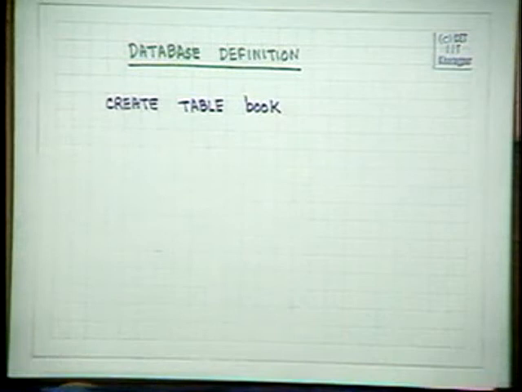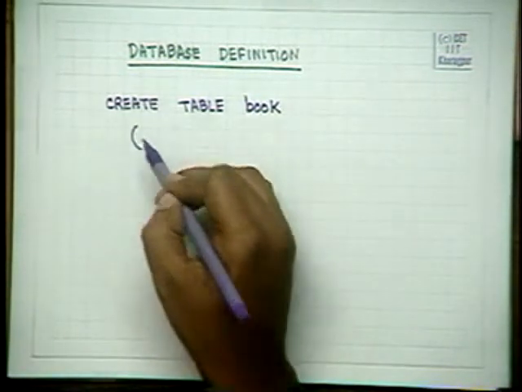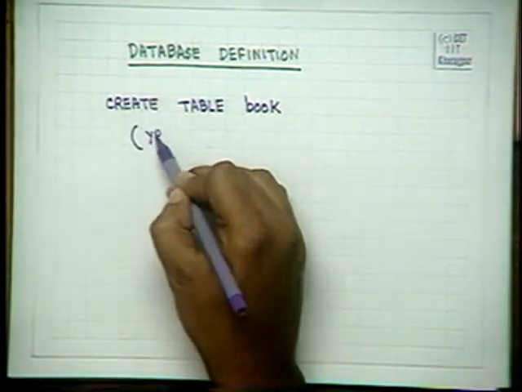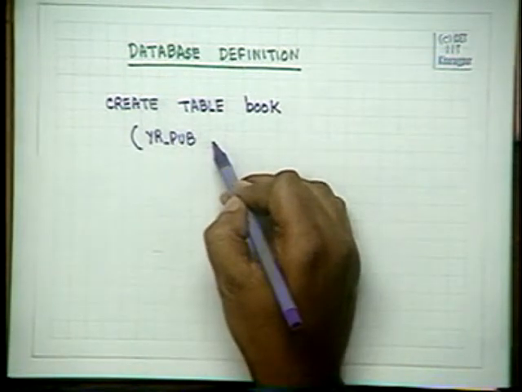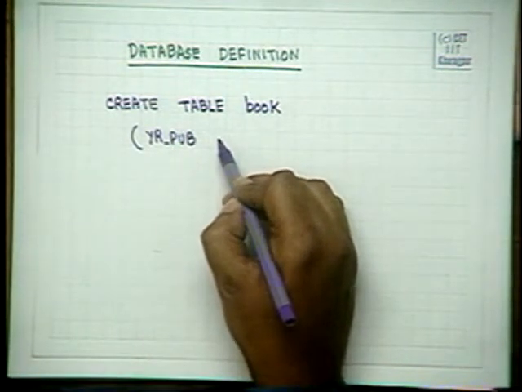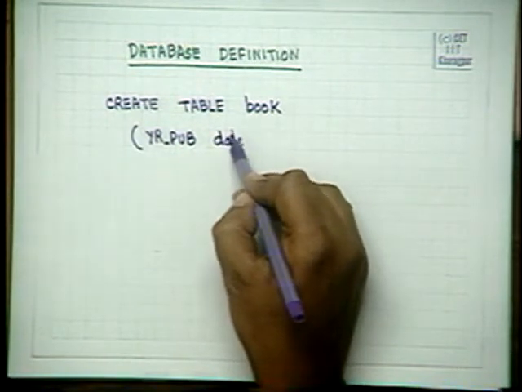Create table book, and the attributes will be year of publication and the type. Let us assume that we have a date type which is always available.